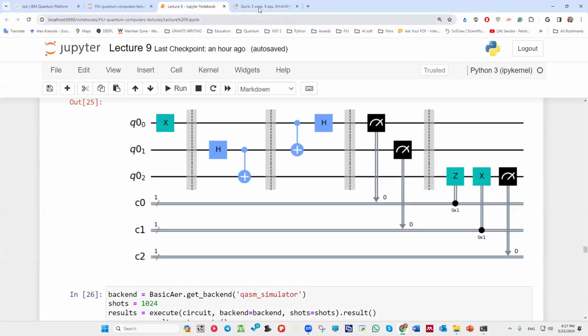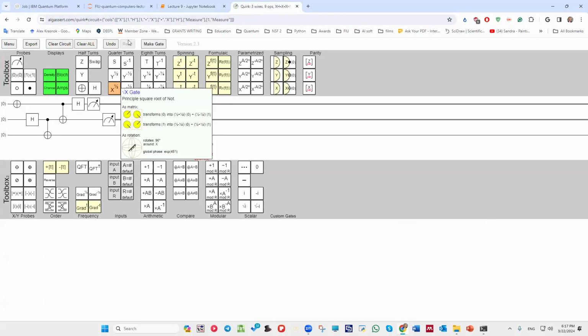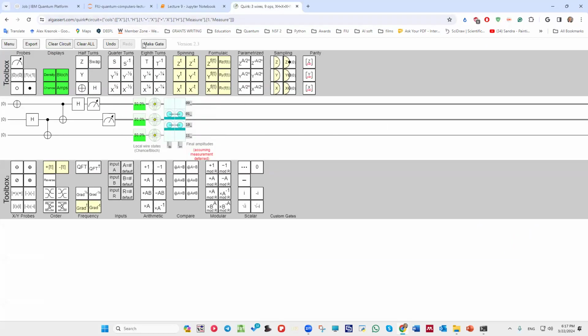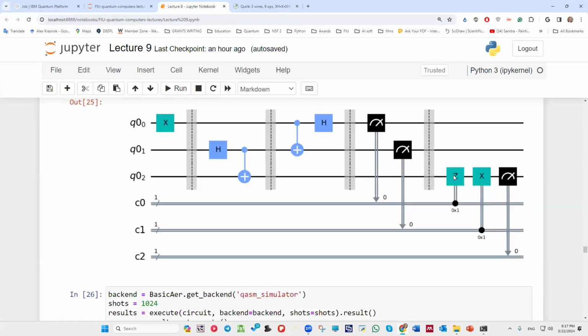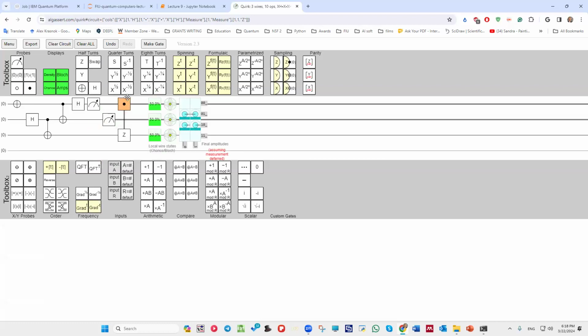So next, the result of this measurement must affect the state of Bob's qubit. So let me see how we realize that. The Z gate that he applies depends on the state of the first one.